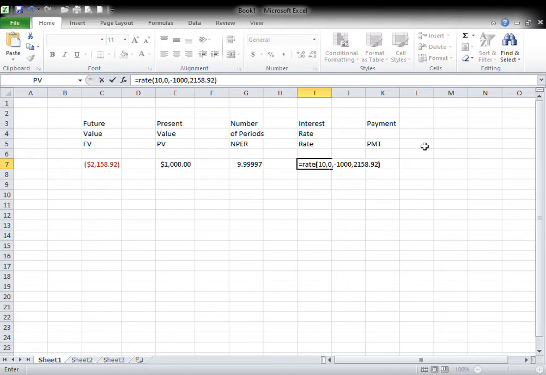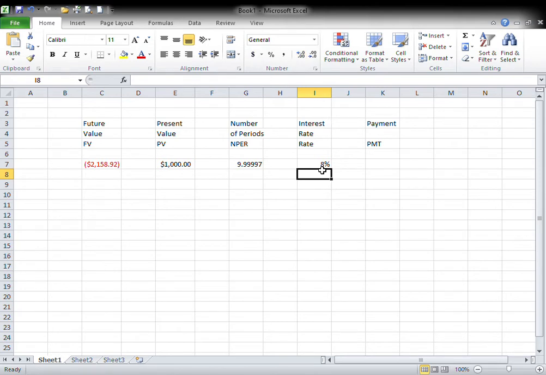And we close the parentheses, and it gives us 8%. Now, when we do that, you may want to add some decimal places on there to see if it comes out. Now, payment. Payment is what we use for an annuity, which is a series of equal payments.